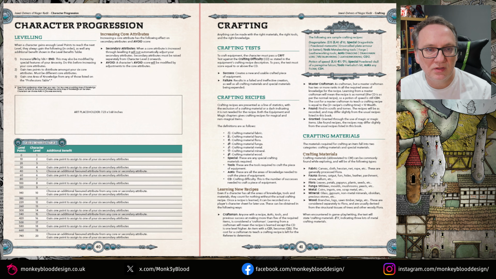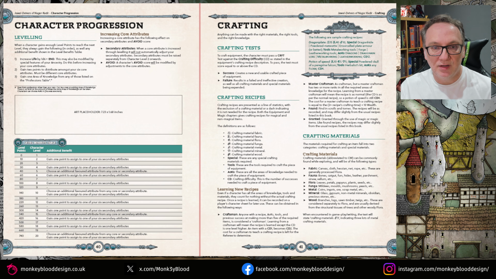Character progression: you get level points, and every time you level you will increase your life. You'll get 2 points to distribute to your 6 core attributes. You gain an area of knowledge from any on the professions table, and you get some additional benefits.